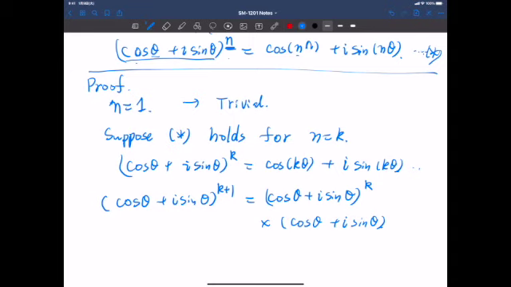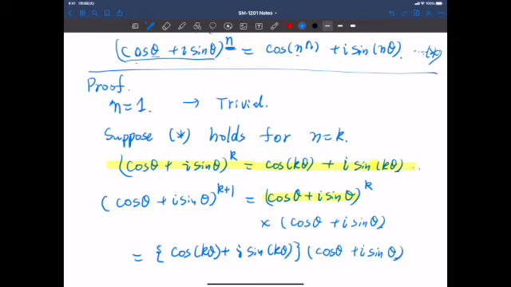For this part, we can use this assumption and replace it. So this is equal to cosine k theta plus I sine k theta times cosine theta plus I sine theta.